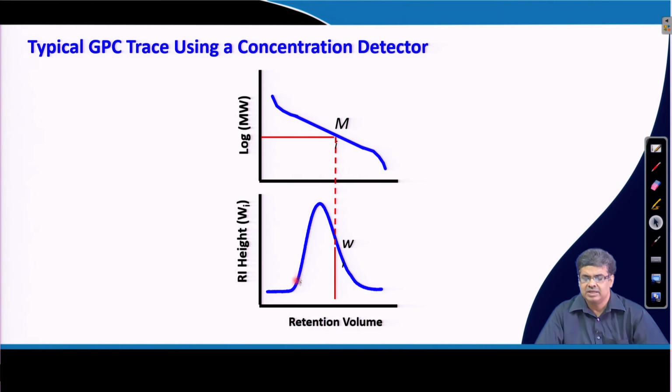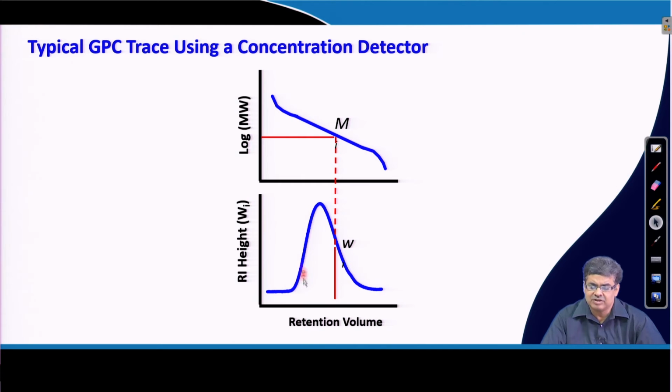So, in this case if we have this GPC trace, then for each point or each slice we have a corresponding molecular weight value from the calibration curve which was constructed as described in the last slide.